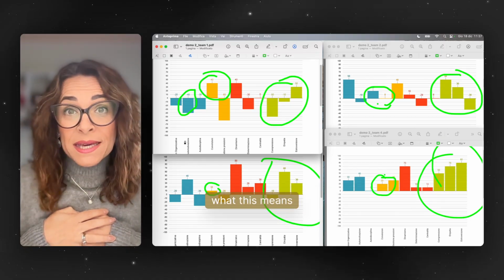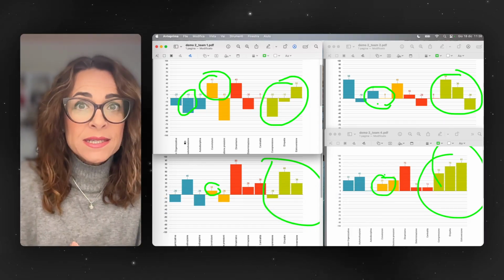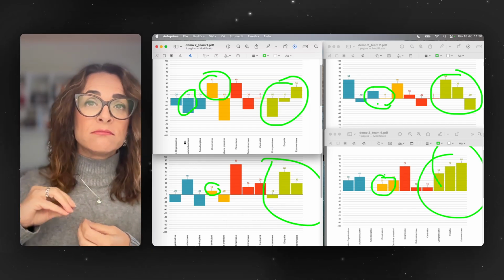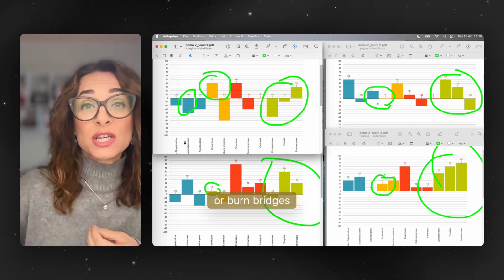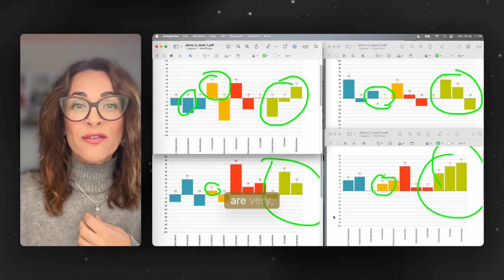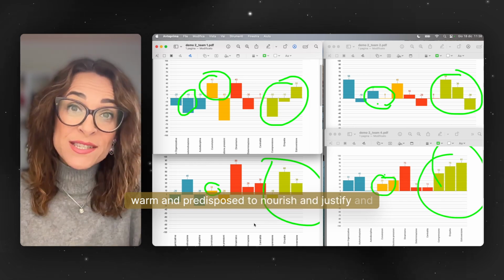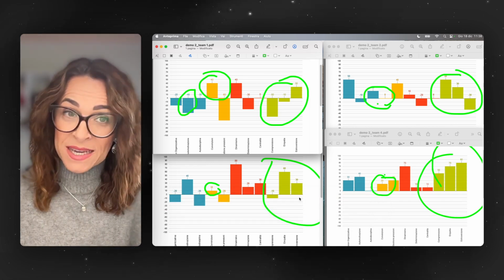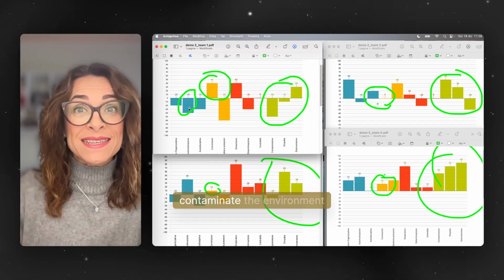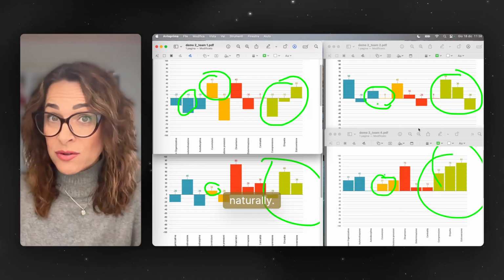And what this means is that the way she will internally react to it will be to lash out and judge, criticize, or burn bridges with other people. People that, as you can see, are very warm and predisposed to nourish and care for the relationship. So she will erode, she will contaminate the environment that they naturally create.